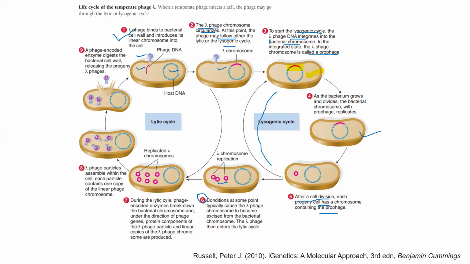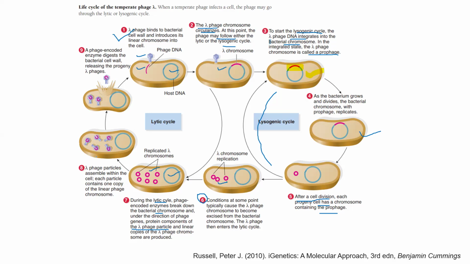During the lytic cycle, the phage encoded enzymes break down the bacterial chromosome, as we have seen in the case of T2, and under the direction of the phage genes, protein components of the lambda phage particle assemble, and from these circular chromosomes which have excised, linear copies of the lambda phage genome are produced.